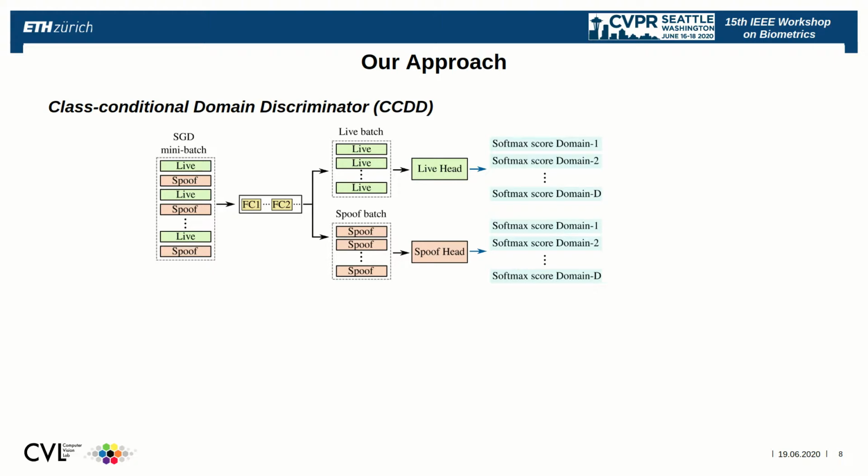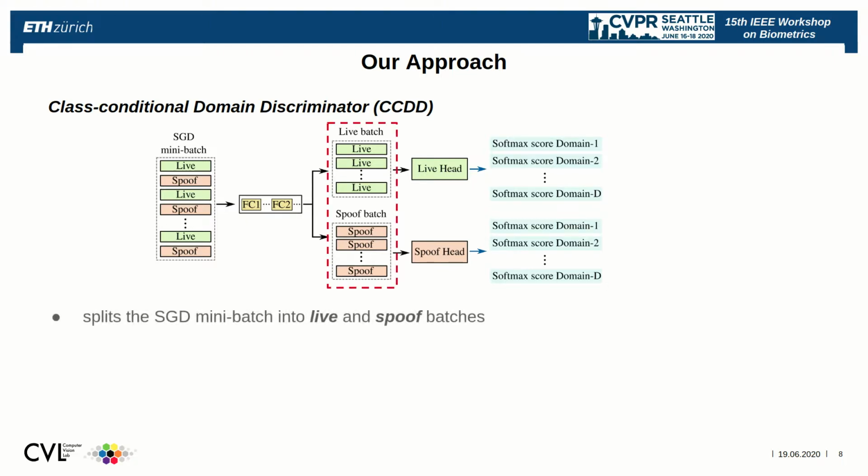This practically means that the backbone network is now tasked with an additional objective of generating live and spoof feature representations that are indistinguishable across domains. In practice, the domain discriminator layer splits the SGD mini batch into live and spoof batches and passes them as inputs to the live and spoof heads respectively.